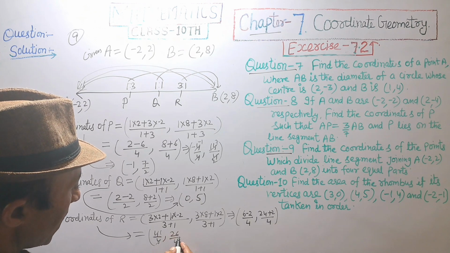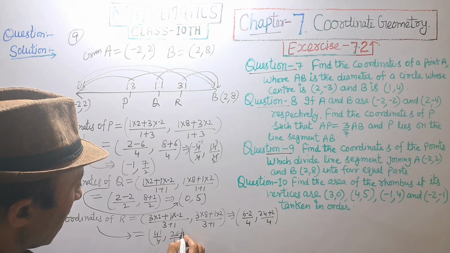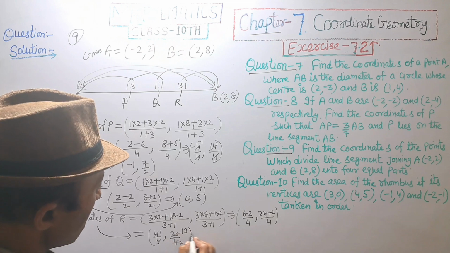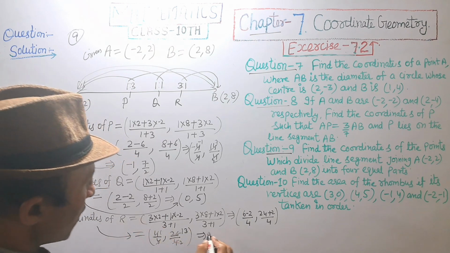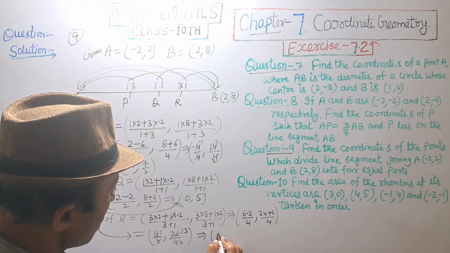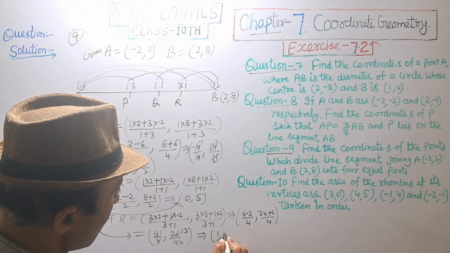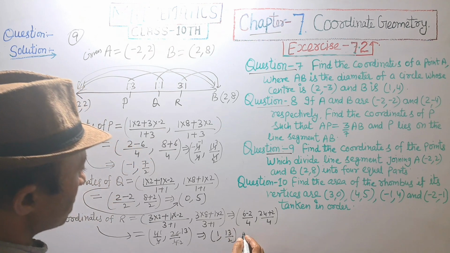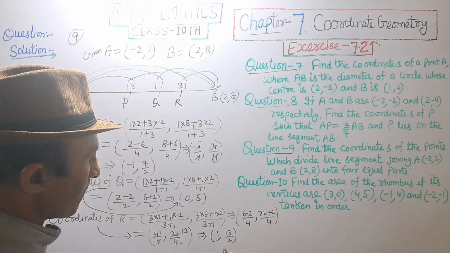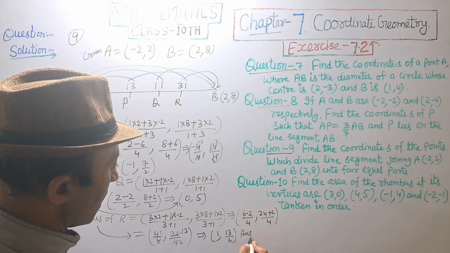Cancelling: 1, and 2 2s are 4, 13 2s are 26. This implies the coordinates of R are (1, 13/2). Answer.